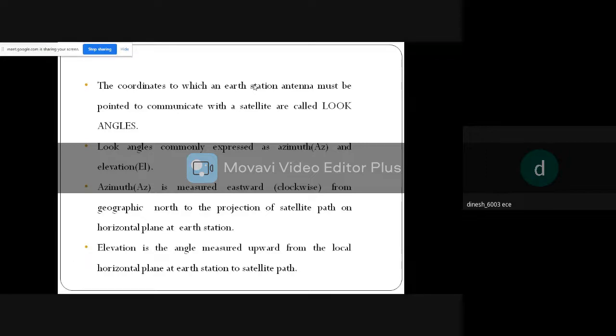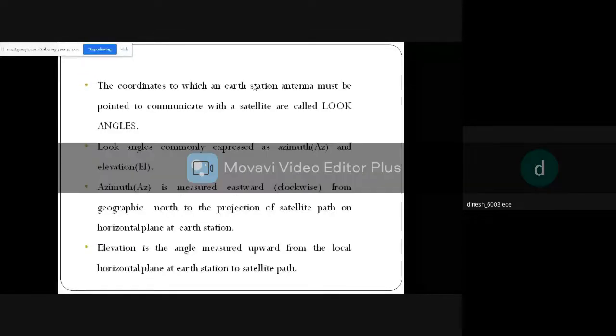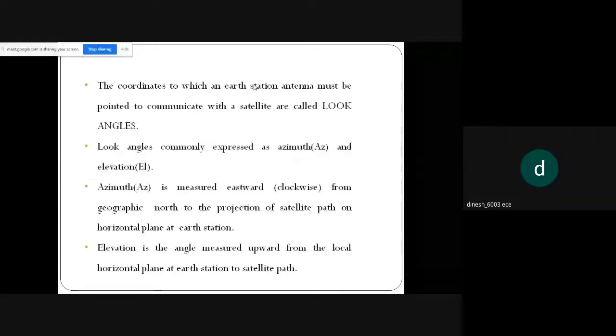There will be an antenna used to communicate with the satellite. The satellite will be present in space. I'll come to these in brief in the next presentation: where the satellites are, how they are present, what the distance is between the satellites and the earth's surface, and how they communicate, we'll see all of it.